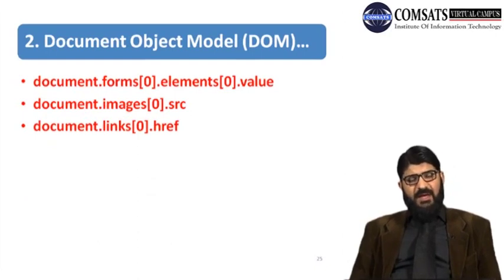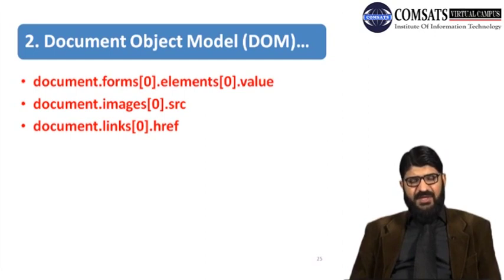Now let's consider the code syntax for DOM. See, the document is mentioned first, then a form is referred with value and then element and then value. So from general hierarchy we are moving toward the specific hierarchy.